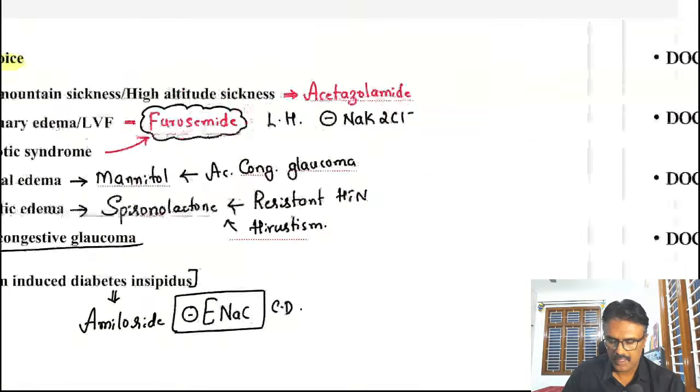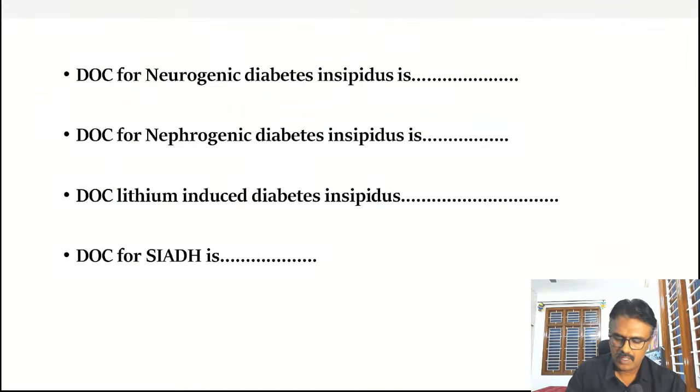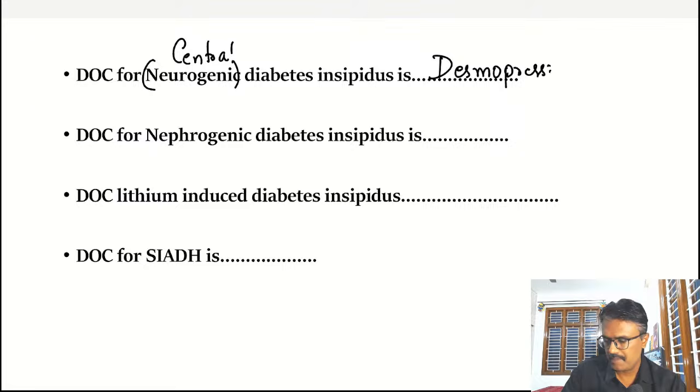Now, what are the drugs of choice? Neurogenic, meaning brain problem, central diabetes insipidus, the drug of choice is desmopressin. It's a vasopressin 2 receptor agonist.